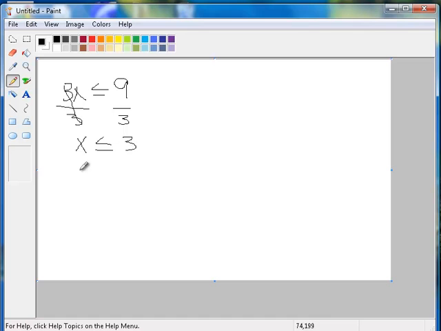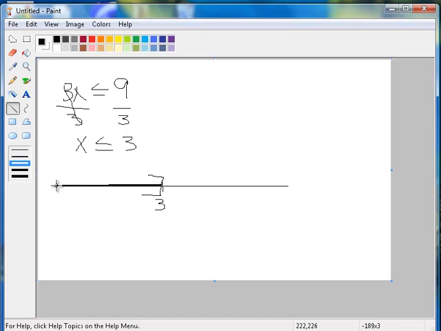Okay, if we set this up on a number line, we would have the number 3, and at number 3, oh, this one's or equal to, so that will be a bracket again, but this time it's less than, so less than is going to take us to the left side of our number line.